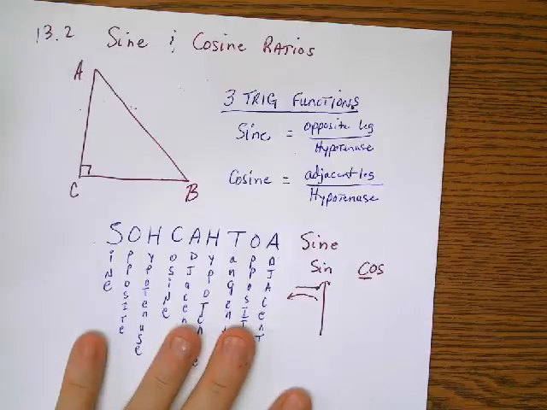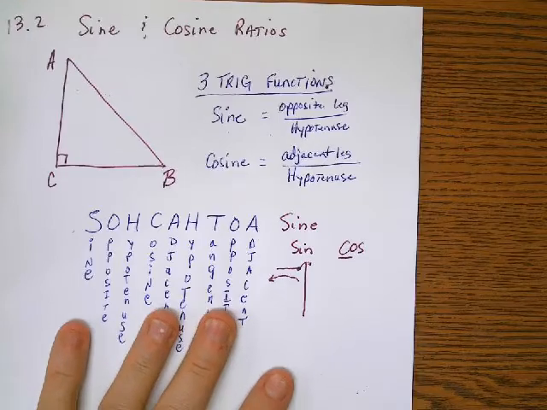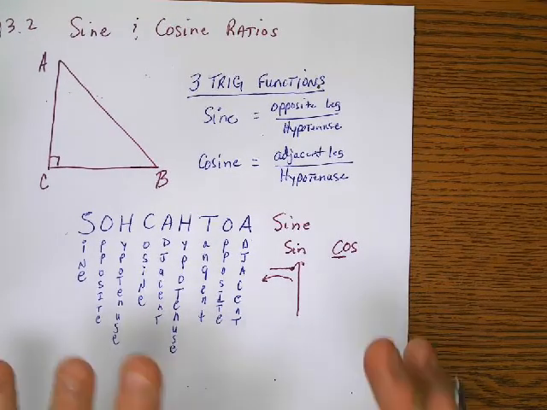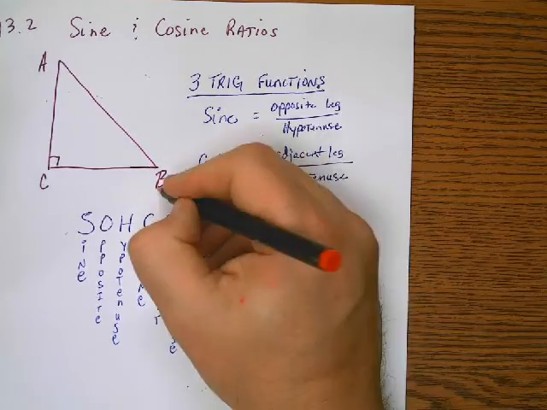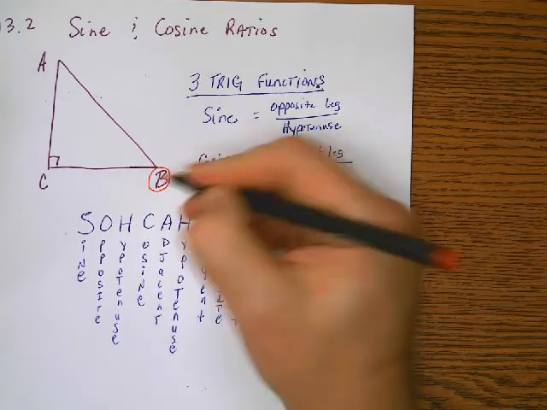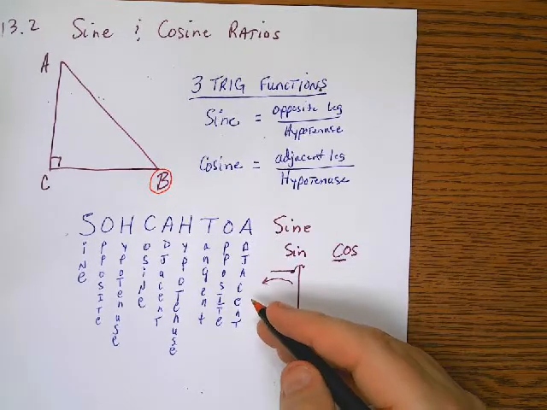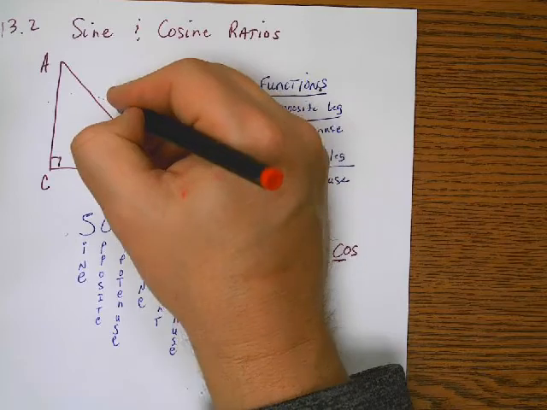Okay. All right. So now let's come to the triangle here. How can we apply this? Well, it all depends on which angle we're talking about. So let's say angle B. Look at angle B, and that's what we're talking about right here. Once we declare an angle, now we can name all the sides.